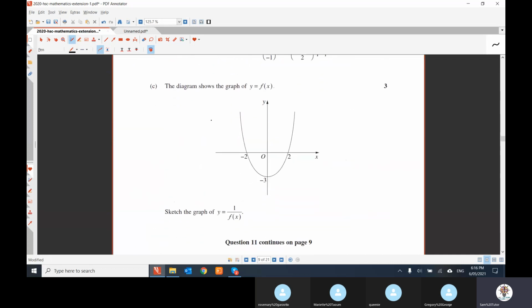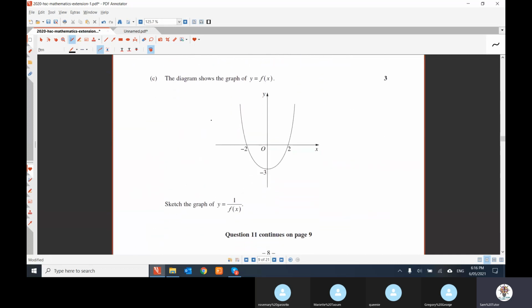Move. Question c. The diagram shows the graph. Sketch the graph of y equals 1 on f of x. Anyone remind us of what we would do? Asymptotes, where? Intercepts, thank you. There it is, and there it is. So far, you've probably got 1 mark. Then big, small, small, big.